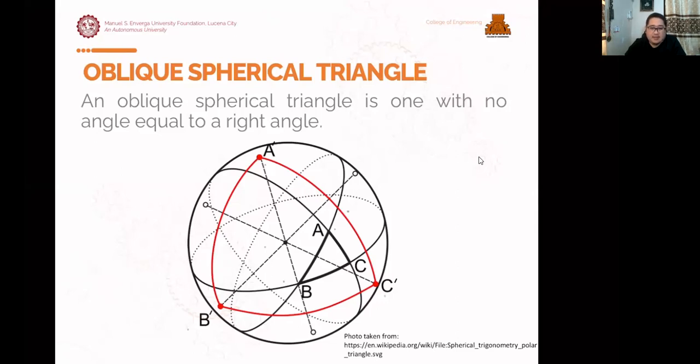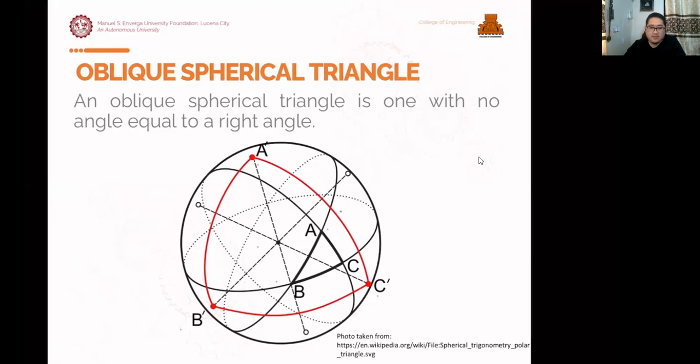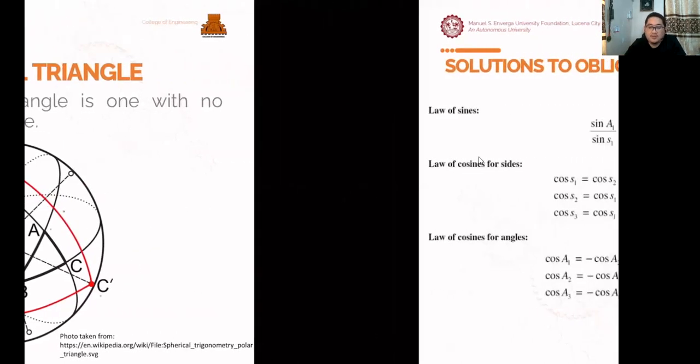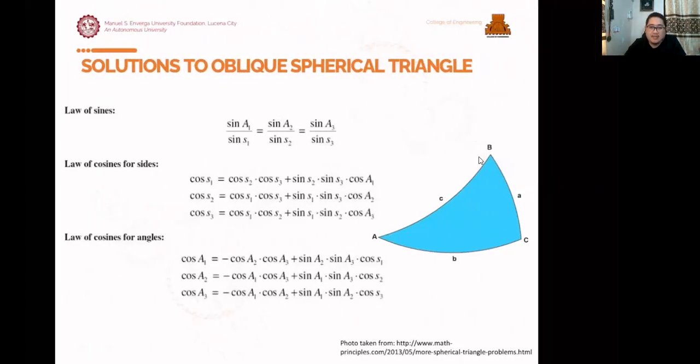For solutions for oblique spherical triangles, we have two: the law of sines and the law of cosines. The law of cosines has two formulas: one for when sides make up the majority of the given, and a second for angles, when angles are the majority of the given.